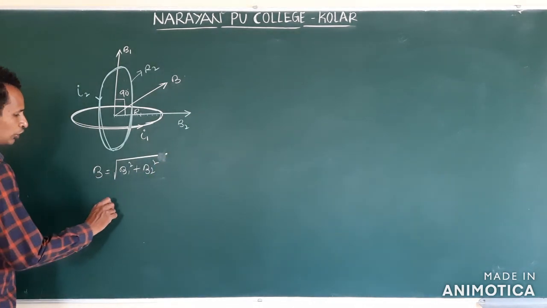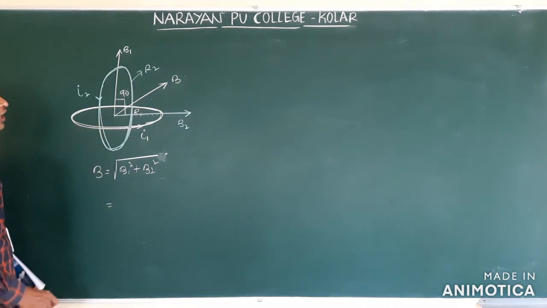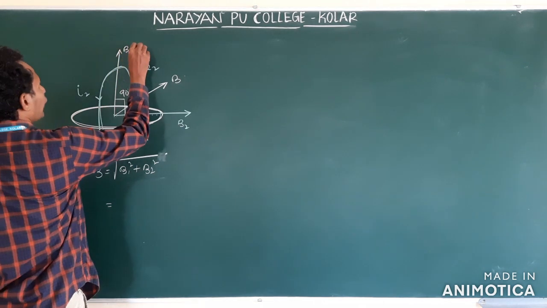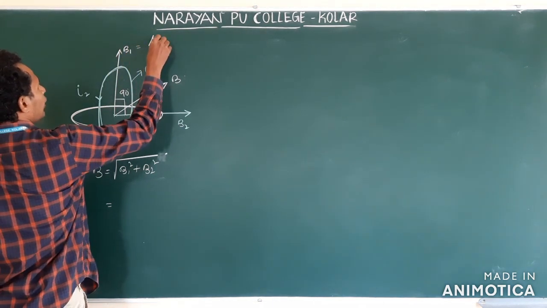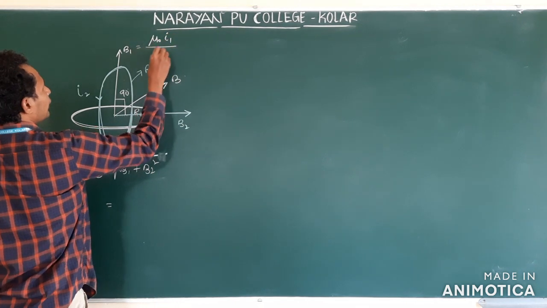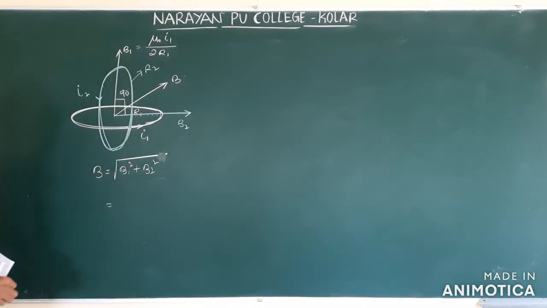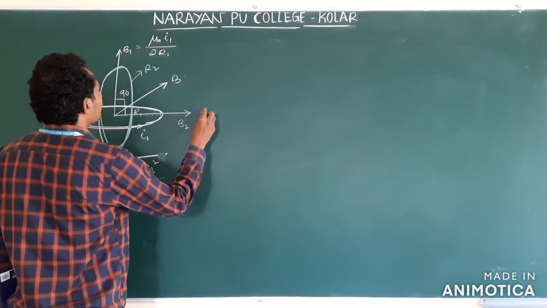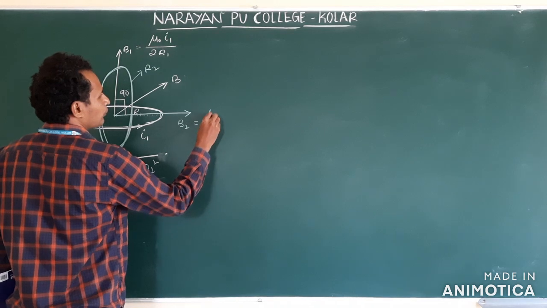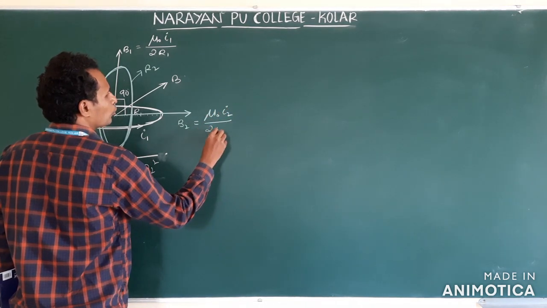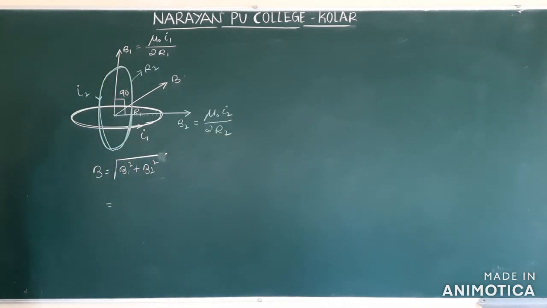Now what is the formula for the magnetic field due to a current loop at the center? For B1, how do we write? Mu naught I1 by 2 R1. B2 is mu naught I2 by 2 R2. Clear?